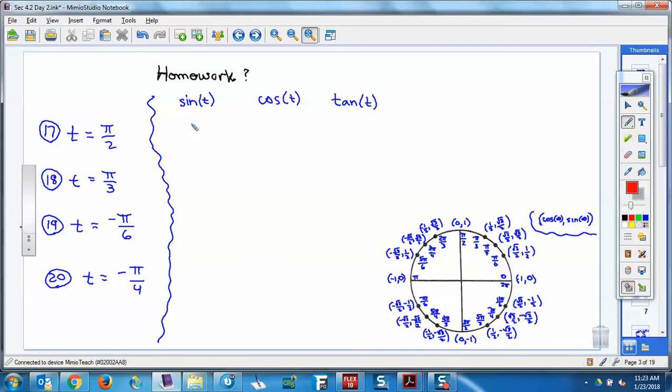Did I write it down wrong? What did you get for root 2 over 2?